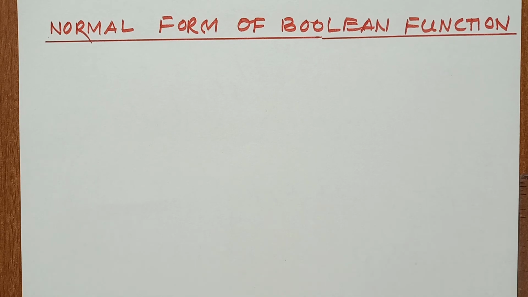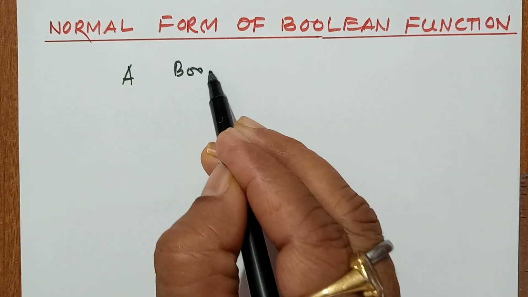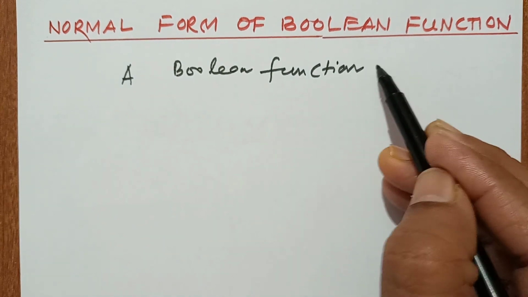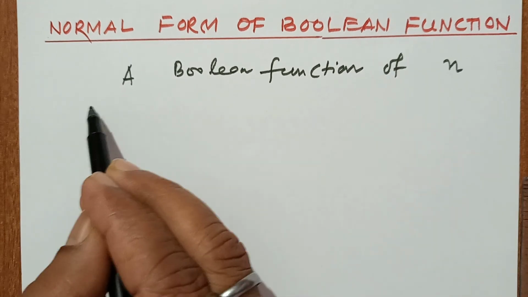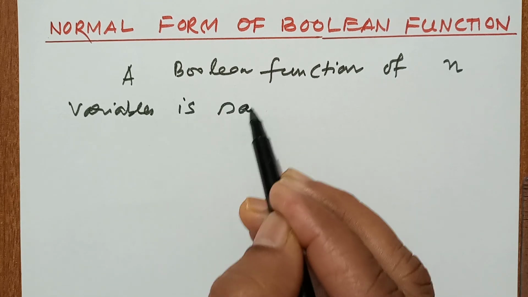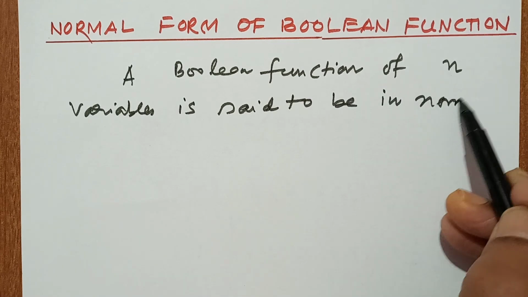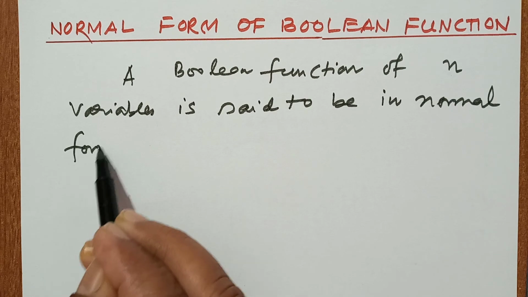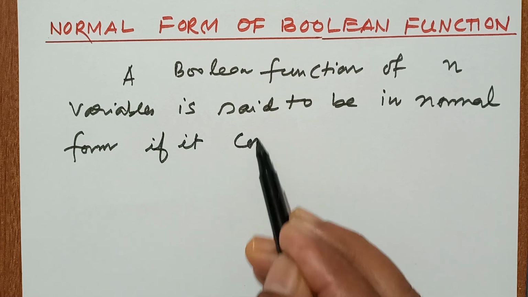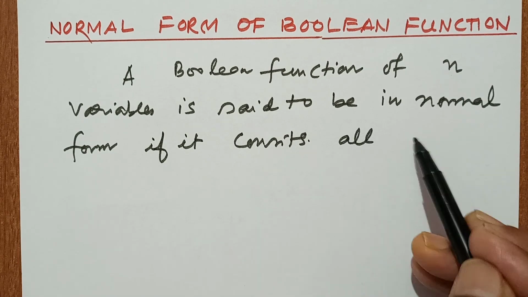Normal form of Boolean function. A Boolean function of n variables is said to be in normal form if it consists all n variables.